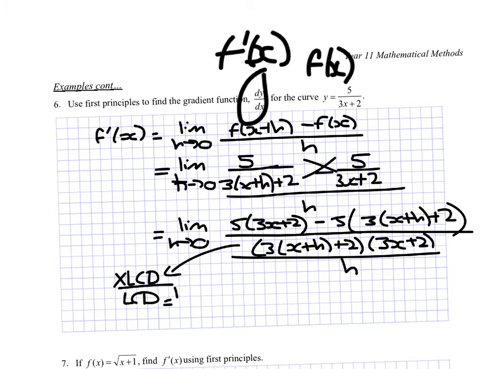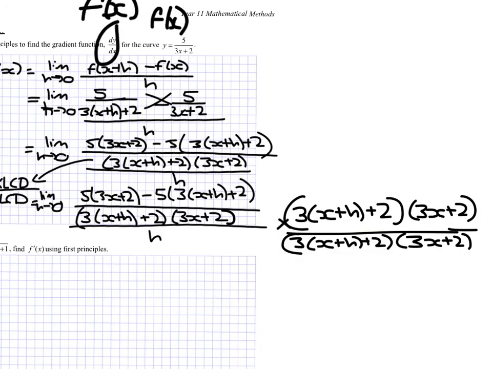So that is going to equal the limit as h approaches 0 of 5 bracket 3x plus 2, take 5 bracket 3x plus h plus 2, all over this big denominator times this denominator over that denominator. So we'll get something that looks like that.